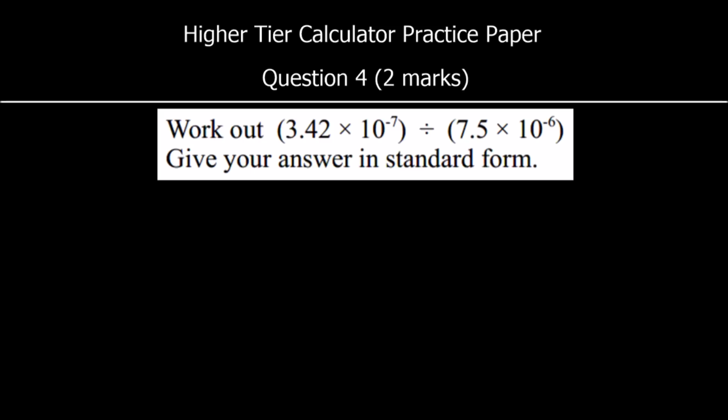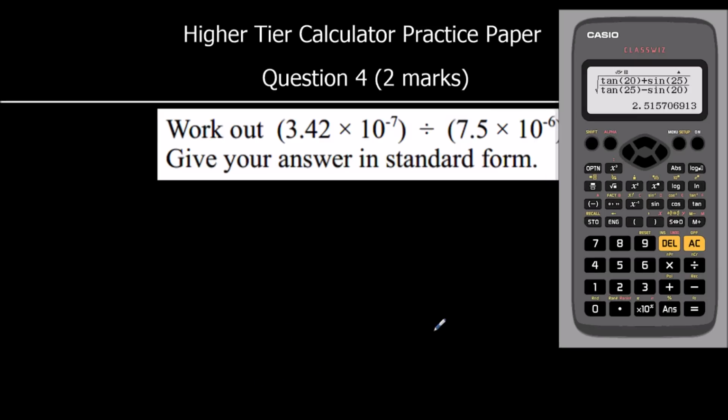Question 4. Work out 3.42 times 10 to the power of negative 7 divided by 7.5 times 10 to the power of negative 6. Give your answer in standard form. So what you shouldn't do is just write 3.42 times 10 to the power of negative 7 and then divided by 7.5 times 10 to the power of negative 6.